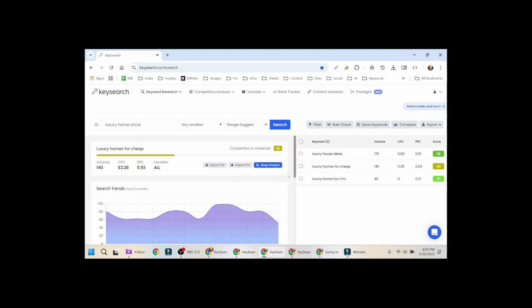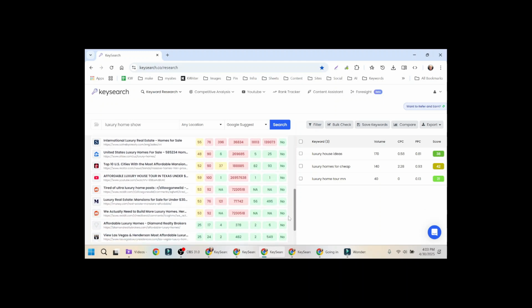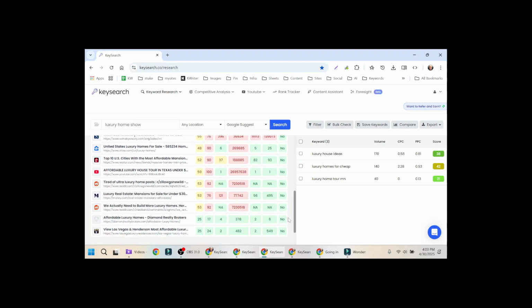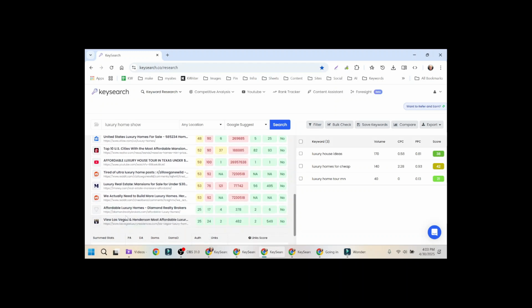So what happens if we look at the data for this keyword? We find the top 10 results, and we would have to compete against some pretty hefty websites like Zillow, but we'd also be able to compete against Diamond Realty Brokers and Las Vegas Luxury Residence.com. The set of green boxes here tells us that the competition is much easier to compete against.